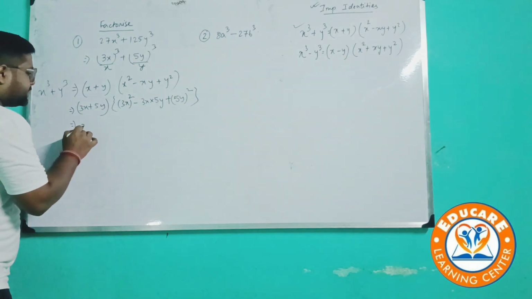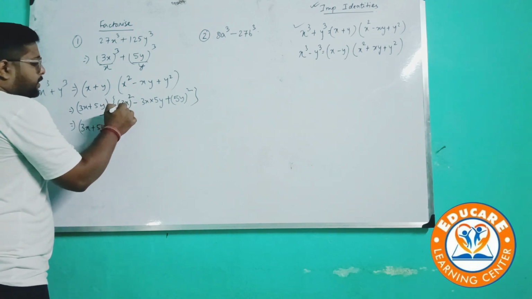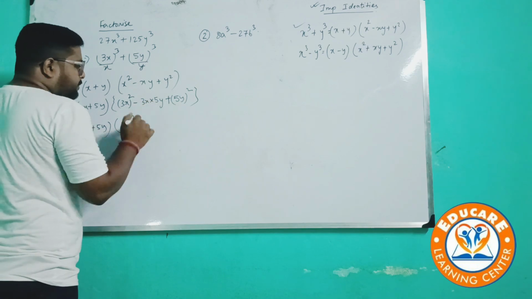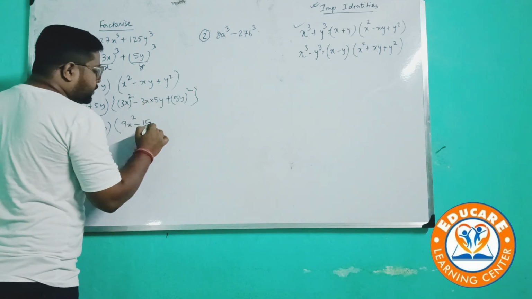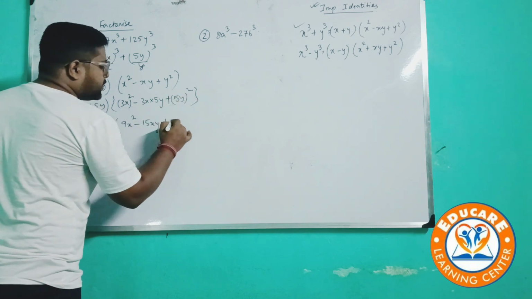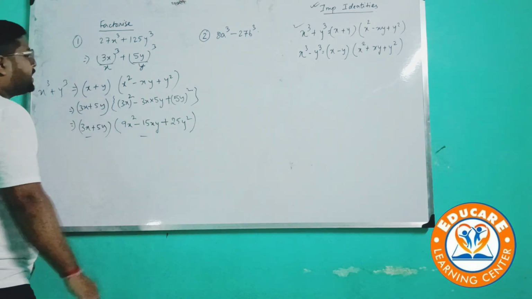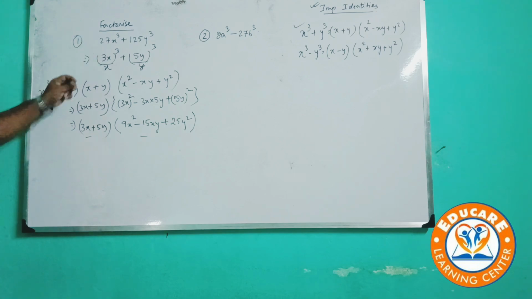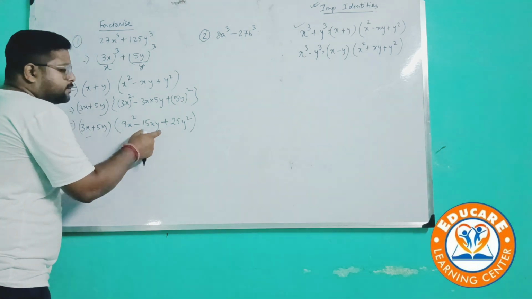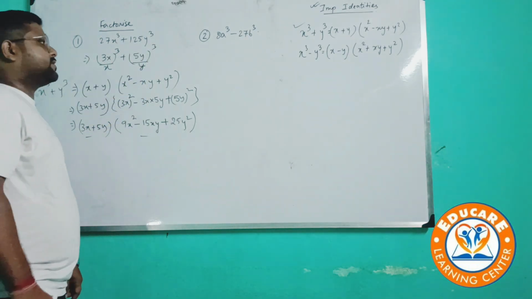Now let's just solve this. 3x whole square is 9x square, minus 3 into 5 is 15 and x into y is xy, plus (5y) whole square, that is 5 5 is 25 and y square, and this will be our complete answer for question number 1, that is (3x plus 5y)(9x square minus 15xy plus 25y square).